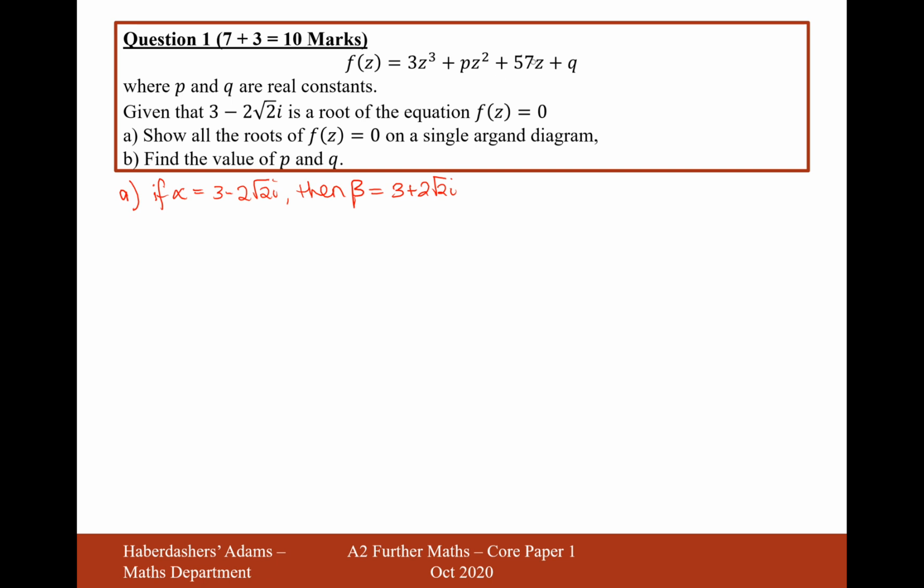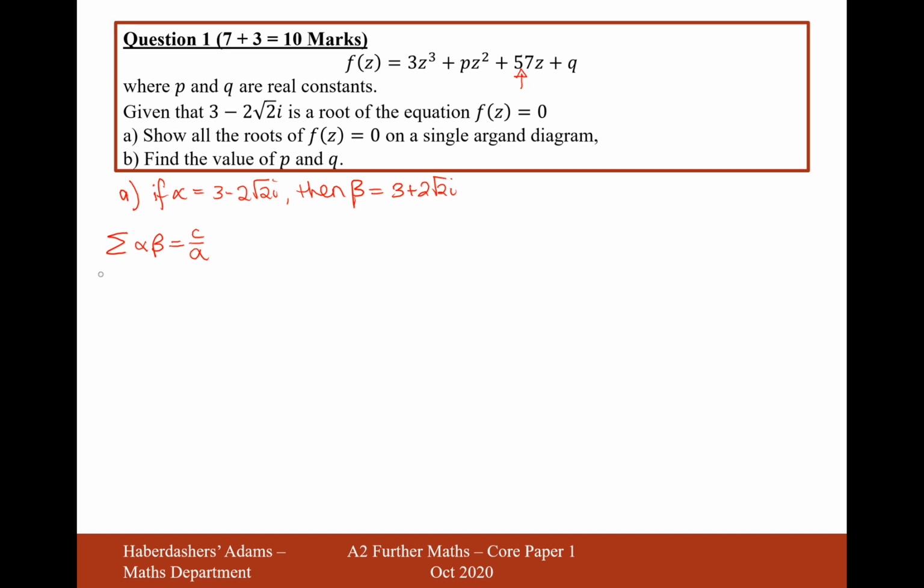Okay, the next thing to do now is to use this 57 here. Now 57 is in the position where we have to use the formula for the sum of the doubles equals c over a. So let's go ahead and use this formula. We'll call the third root gamma, obviously.